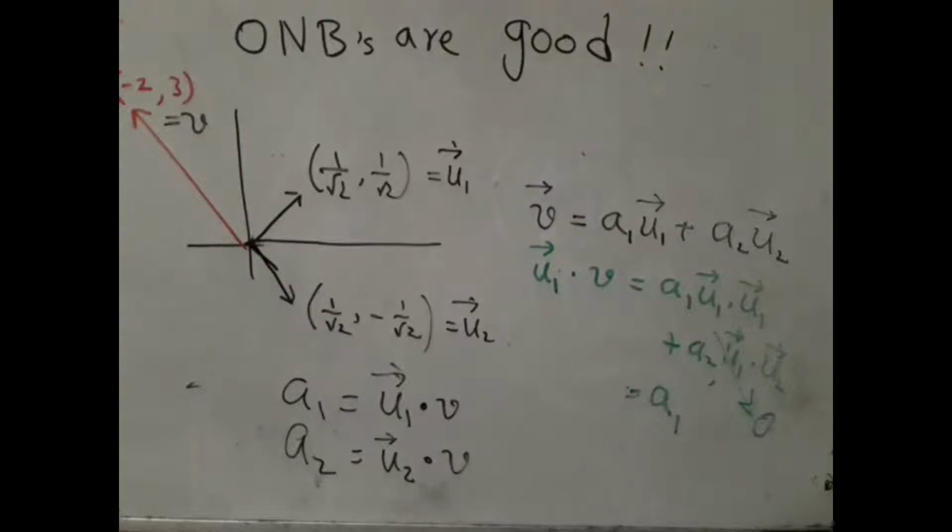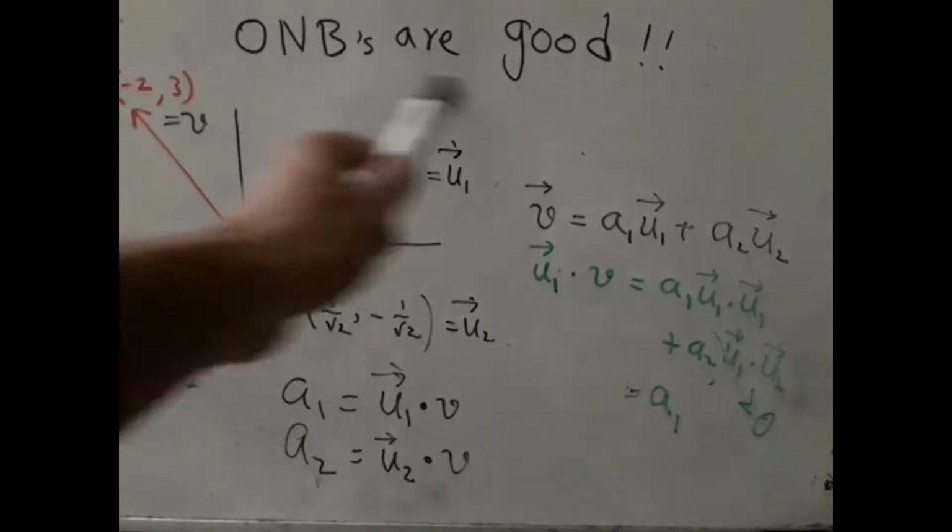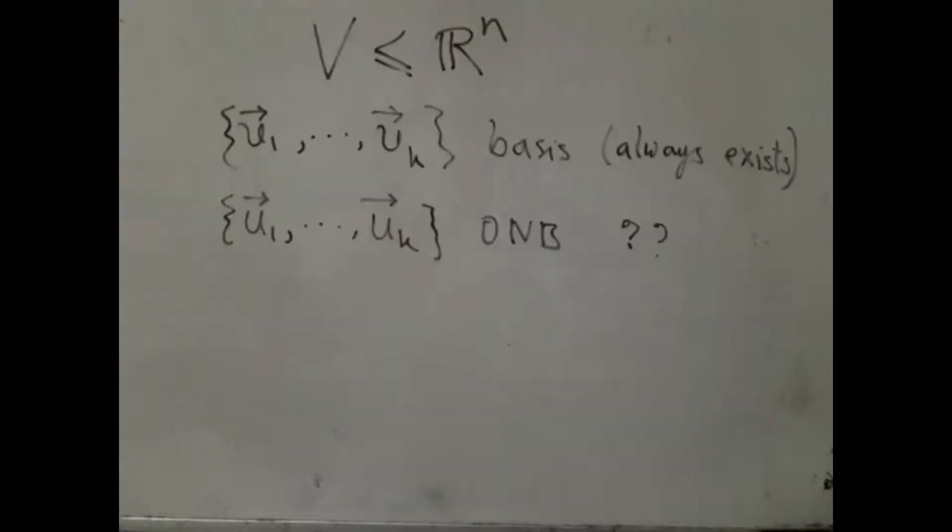So once you have an O and B of a given space, you can express any vector in that space very quickly as a linear combination of the O and B. That is something which you cannot do for an arbitrary basis. That's why I said O and B's are good.